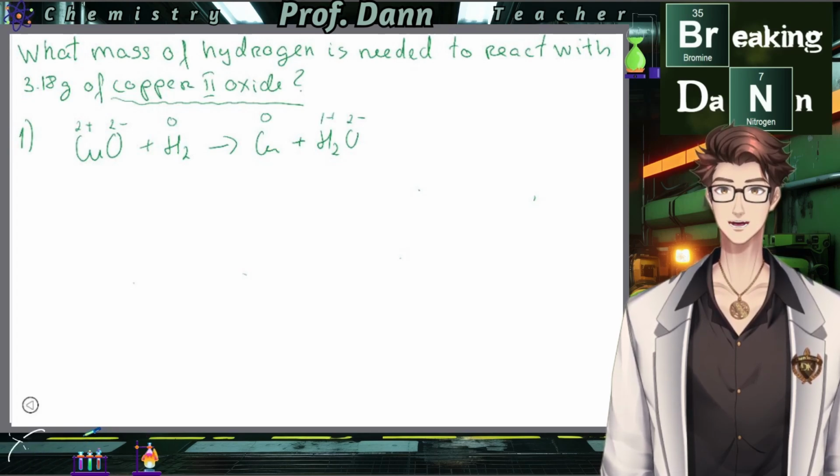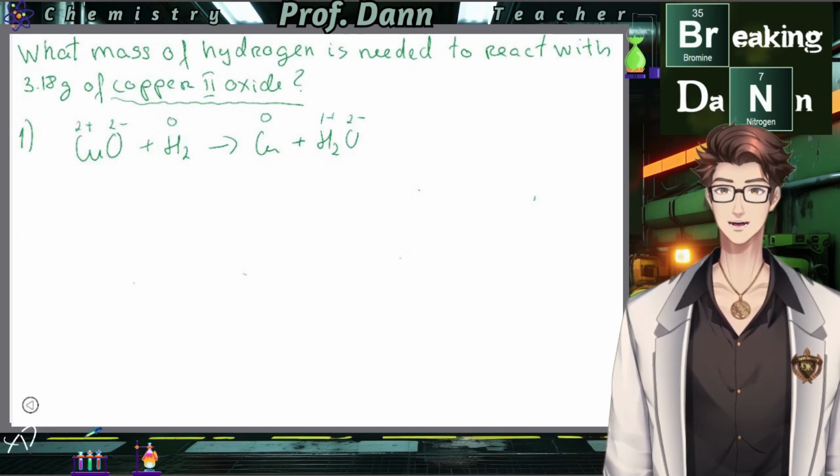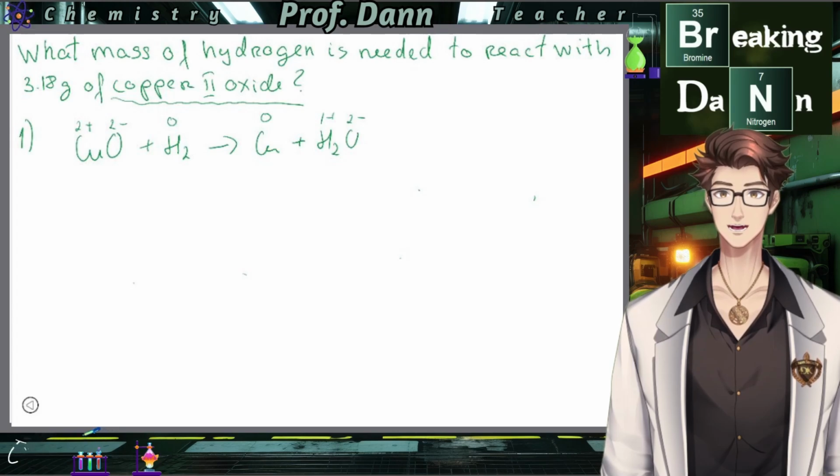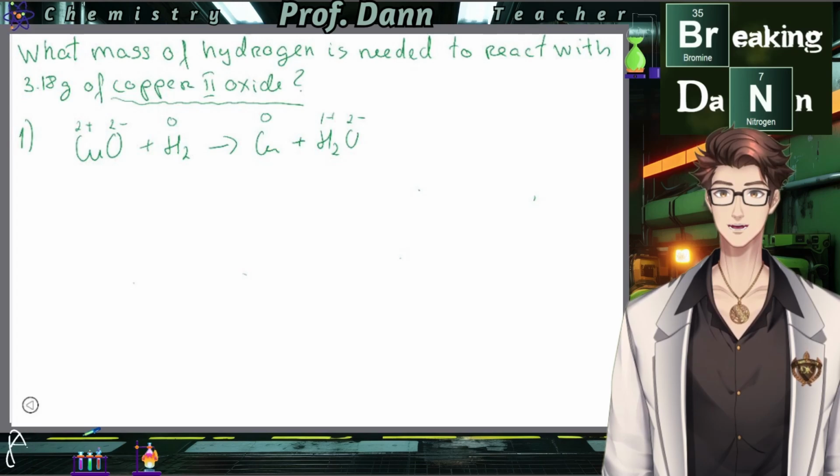Because hydrogen is combined with oxygen, and hydrogen oxidation state 1 plus is very common, this is something you should know without thinking. Once we have done this, of course, we have to balance our chemical equation and check if any subscript or coefficient is needed.